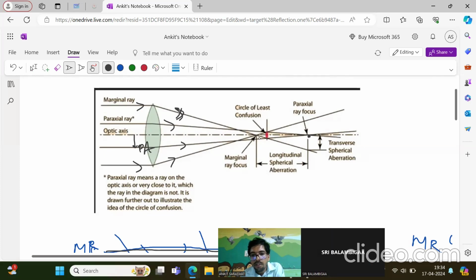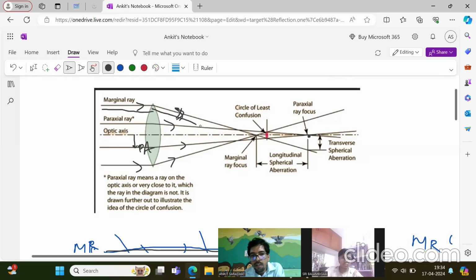If you draw one more marginal ray like this, it will strike here. So marginal rays strike the principal axis at different points, so there will be different focus. To avoid this, we make the aperture of the lens or mirror small.